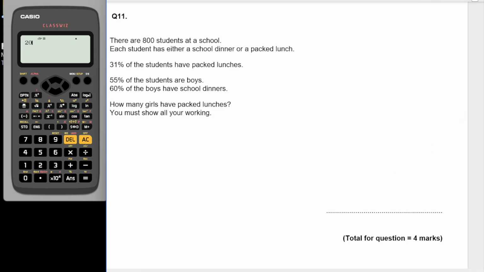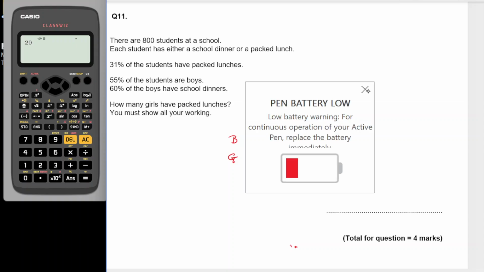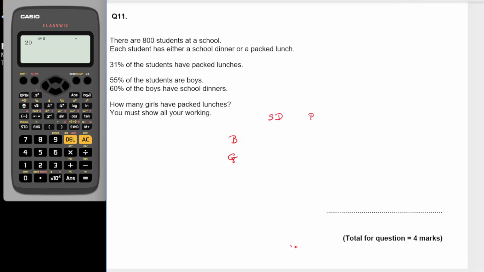So my two-way table, I've got my two categories of boys and girls, and then it's school dinners or packed lunches. So I'm going to say SD, school dinners, PL for packed lunches. And for both columns, I want my totals as well.